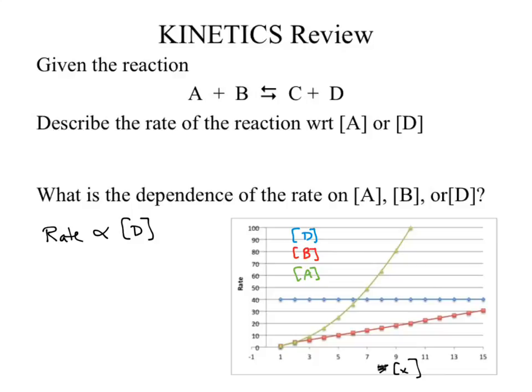What power is it going to be? 0. Because anything to the 0 power is 1. Does the rate ever change then with respect to D? No. That now matches my curve. I'm saying there's a 0 relationship there. Okay. What happens when we look at B?